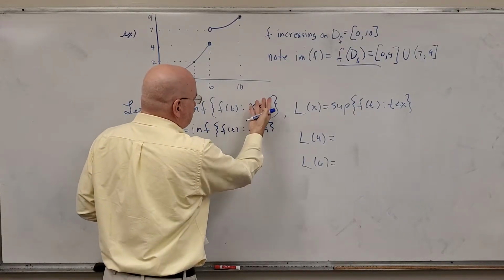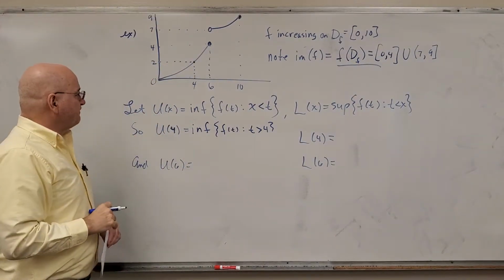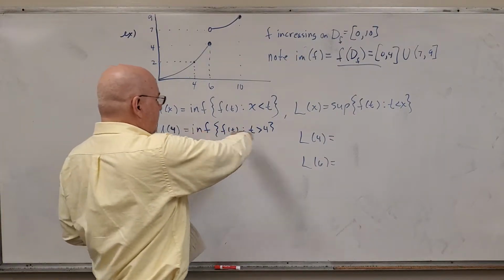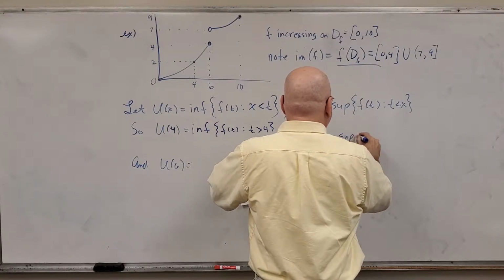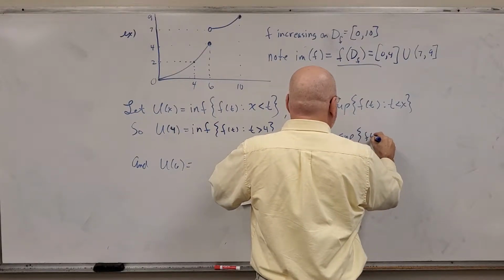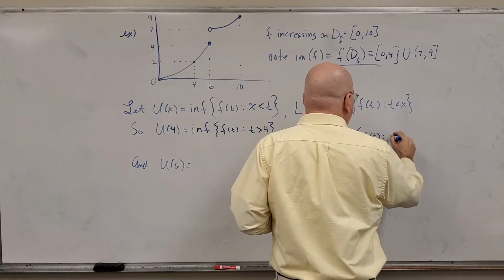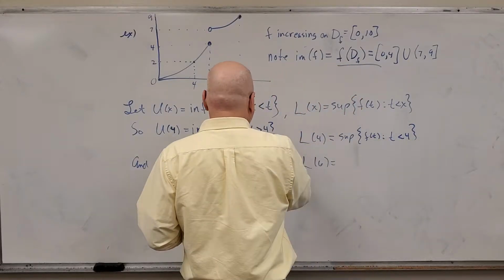I kind of switched it around there. Instead of 4 less than t, I wrote t greater than 4. And looks like I'm not staying level here, but L of 4 would be the supremum of f of t, where x is 4, where t is less than 4. Sorry, these things just didn't line up very well.